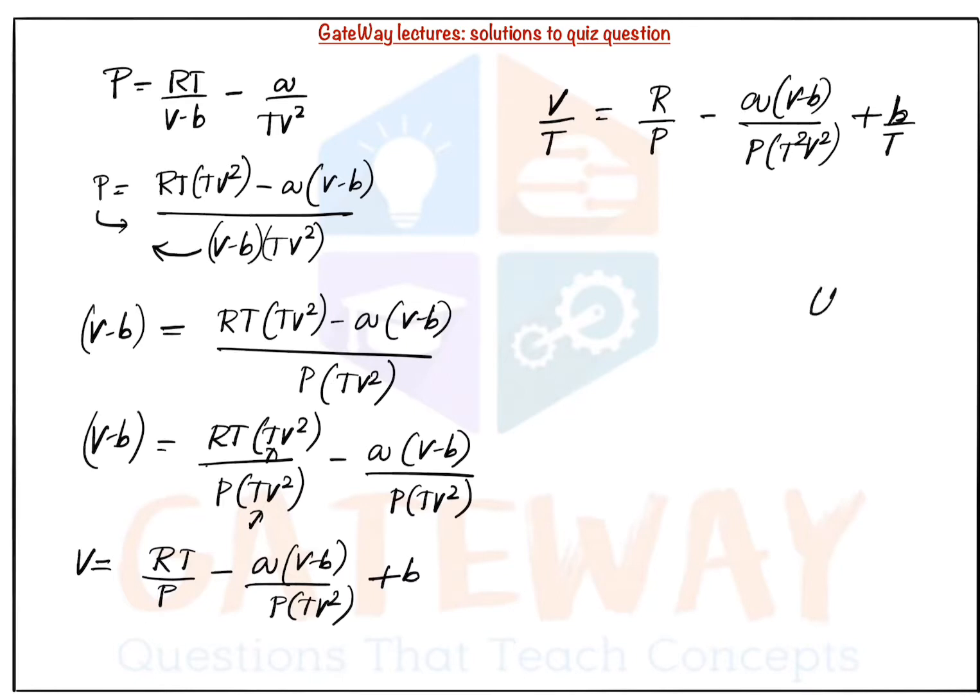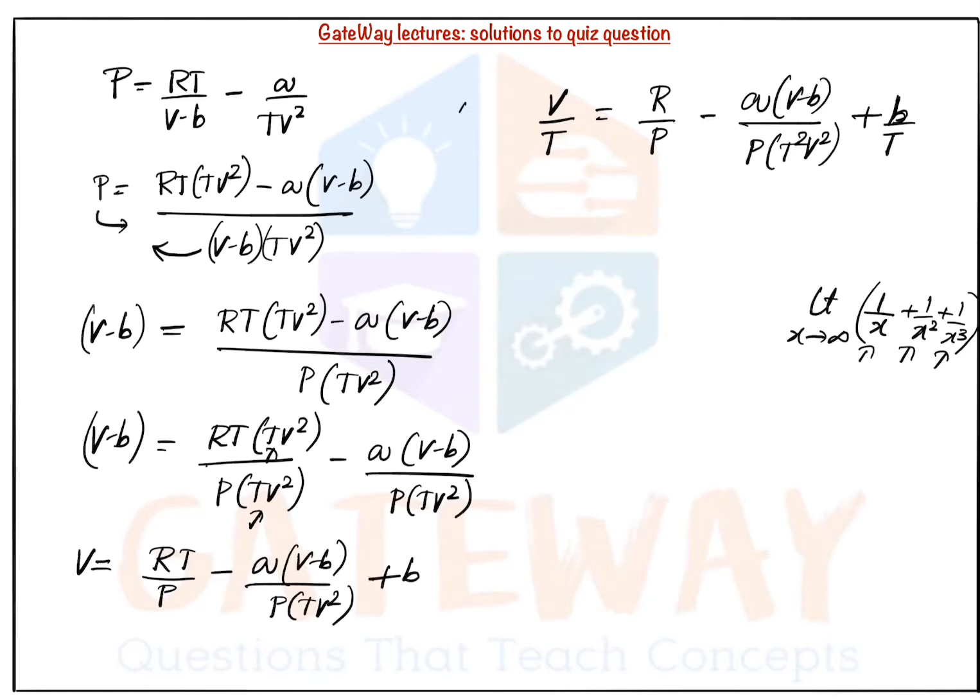We know anything when it is tending to infinity of 1 by x, or 1 by x square or 1 by x cube, every term will be getting 0 since 1 by infinity tends to 0.